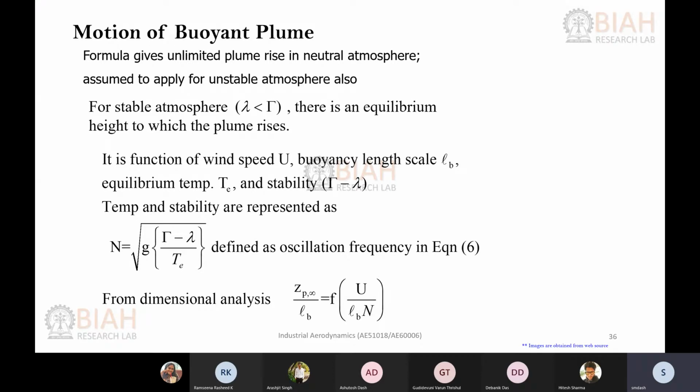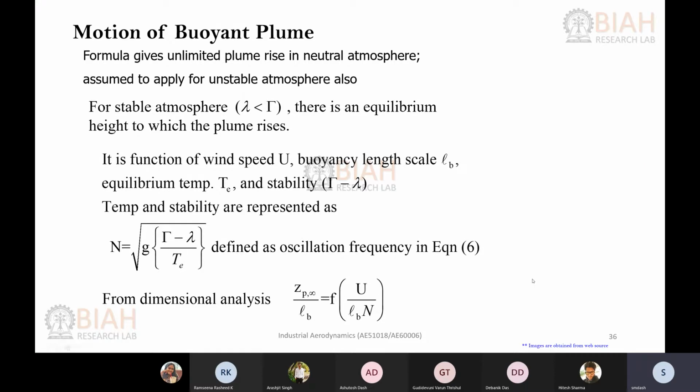It will try to settle down afterwards, because as it is staying in the upper atmosphere, it is also reducing its velocity, the velocity with which it has been released. It is slowing down subsequently, and it is also mixing with the surroundings. That's why it will not go high anymore. It is going to stay at that particular equilibrium height for a certain time. Afterwards, when it loses its velocity more, it is going to fall down.